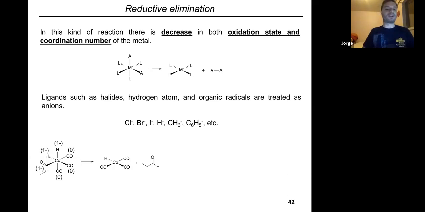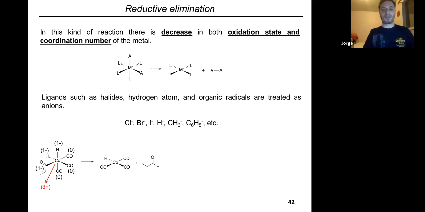So for the starting complex, we have 0, 0, 0, 1-, 1-, and 1-. So that is a total of 3-. If the whole complex is neutral, the oxidation state of the cobalt must be 3+.